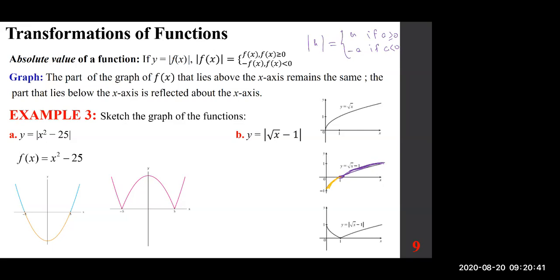The yellow one just flips over, and therefore your y-intercept that was (0, -1) changes to (0, positive 1). That's it. So I hope it's clear. So simple transformations like this, I expect you to be able to do something that simple.